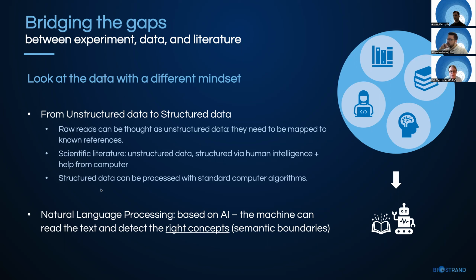So we will present our natural language processing technique, where we have a unique way of combining different approaches and also using AI, so that the computer can start reading text and detect the right concepts, meaningful word groups.